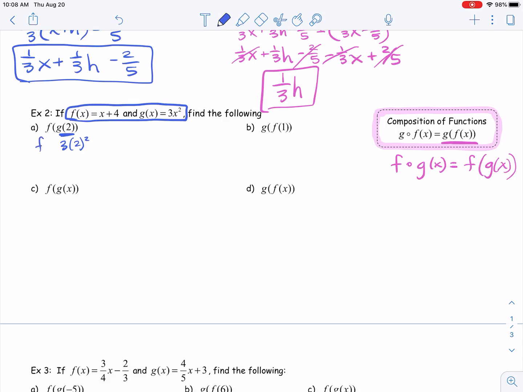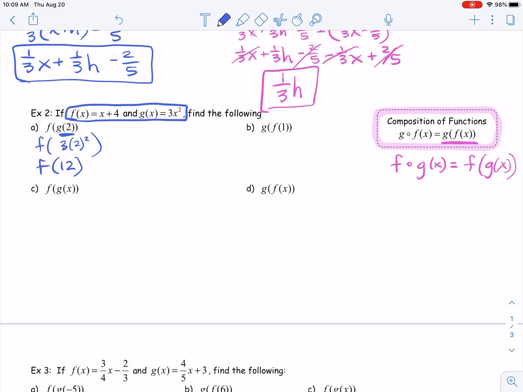And I'm going to put that inside of my f of x function. So following order of operations, parentheses, exponents, multiplication and division, addition and subtraction, I'm going to say, well, what is 2 squared? And that's 4. And what is 4 times 3? That's 12. So now I'm really focused on f of 12.